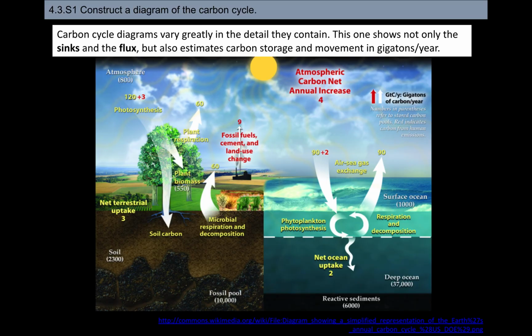So this picture here is showing you a carbon cycle diagram, and all carbon cycle diagrams vary a lot. They are usually estimating the movement in gigatons per year. So if you see GtC, gigatons of carbon per year, that is how they would measure the movement of carbon between sinks and fluxes right here. So anywhere you're seeing it in yellow or an arrow moving, that's a flux.